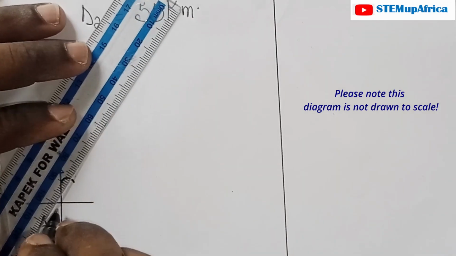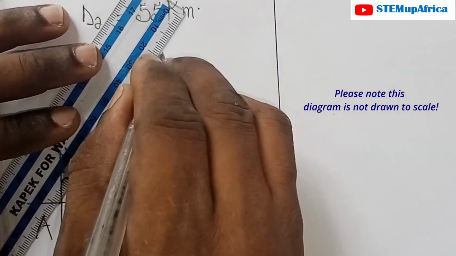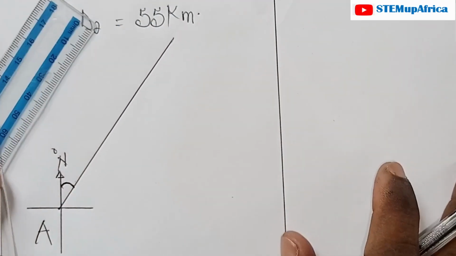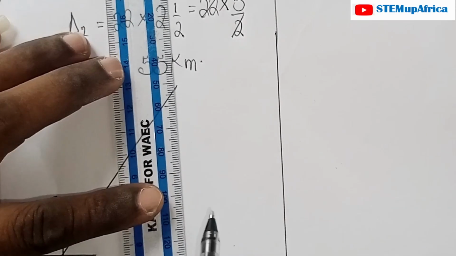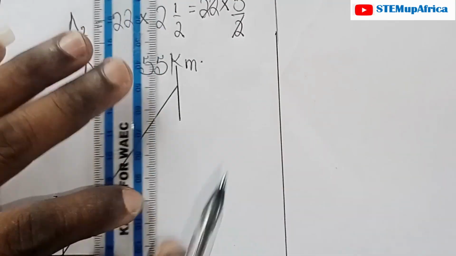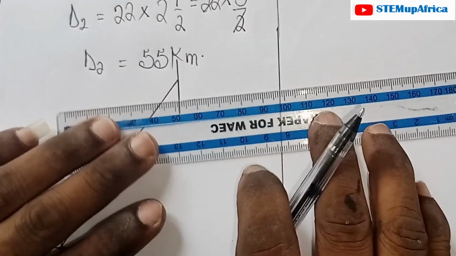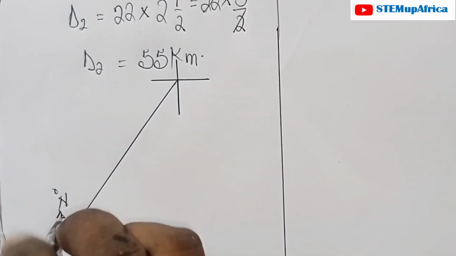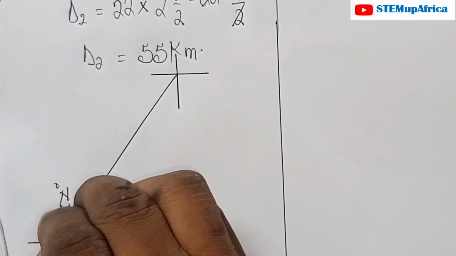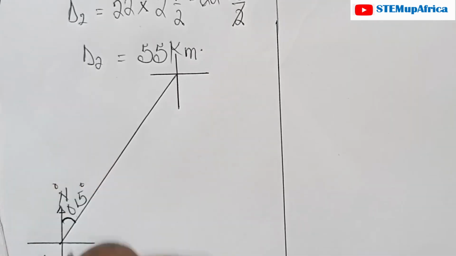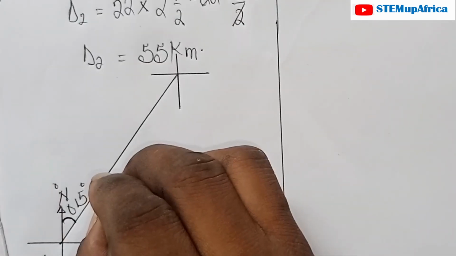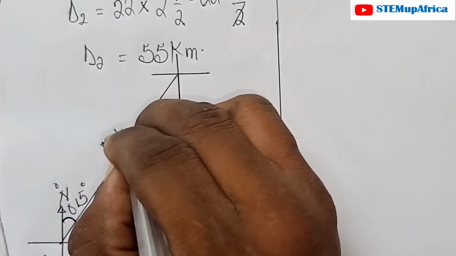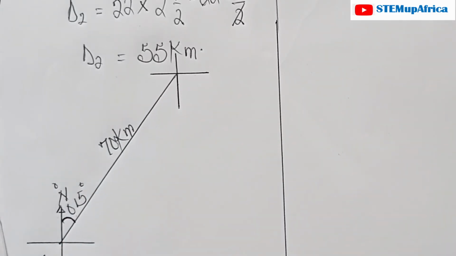So from here I have 015, and the distance travelled is 70 kilometers.